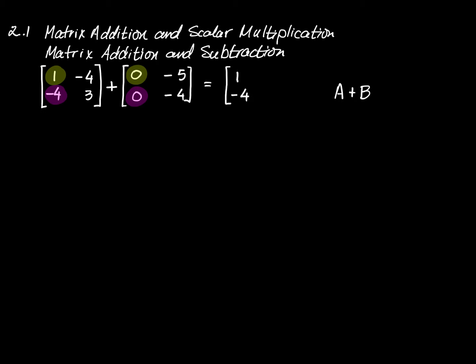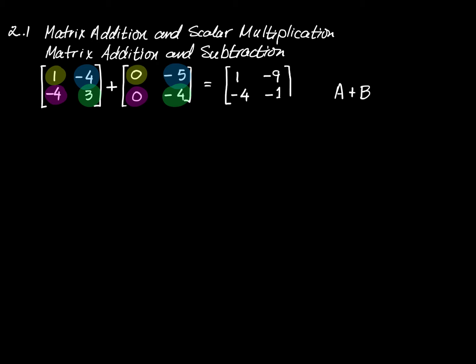Just carrying on with the same process for each entry, I get -4 plus -5 for my first row, second column, and I get -9 for that. And lastly, I get 3 and -4. Add those together, you get -1.